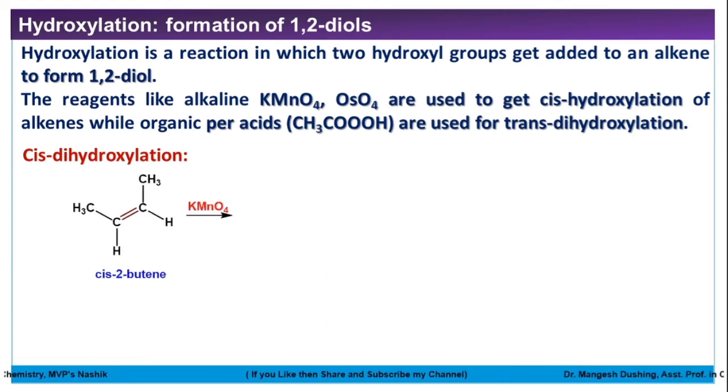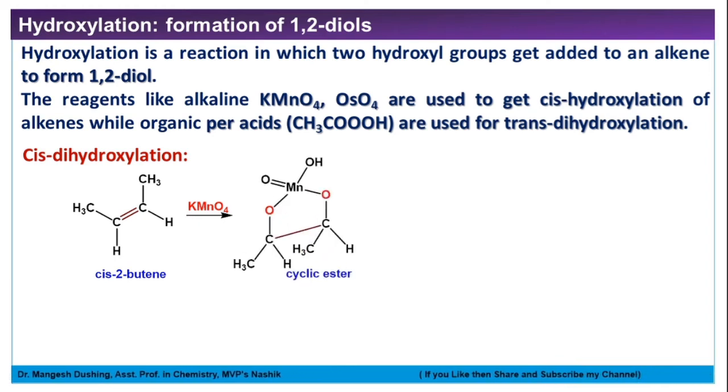So reagents, we know that potassium permanganate and osmium tetroxide. So we use dilute potassium permanganate in alkaline medium. So example is 2-butene. So in presence of alkaline medium, that is dilute KMnO4 forms a cyclic manganate ester with the cis butene.